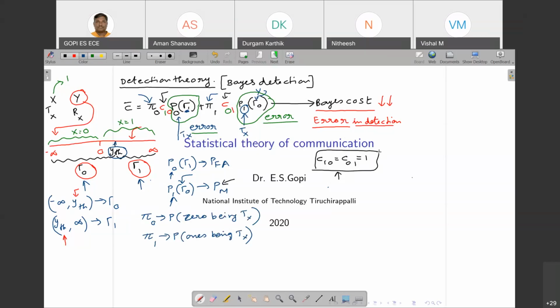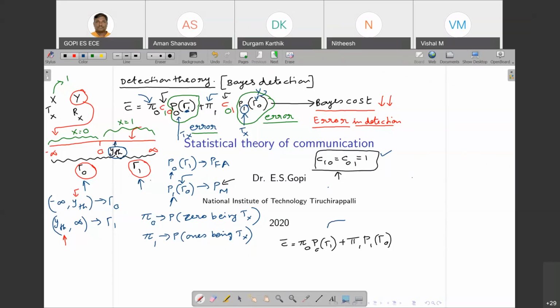Let us assume we are giving equal weightage, so C10 and C01 are both equal. In that case, you get this expression C bar equal to pi naught, the prior probability, times P naught of gamma 1, plus pi 1 times P1 of gamma naught. The problem now boils down to a very simple statement.